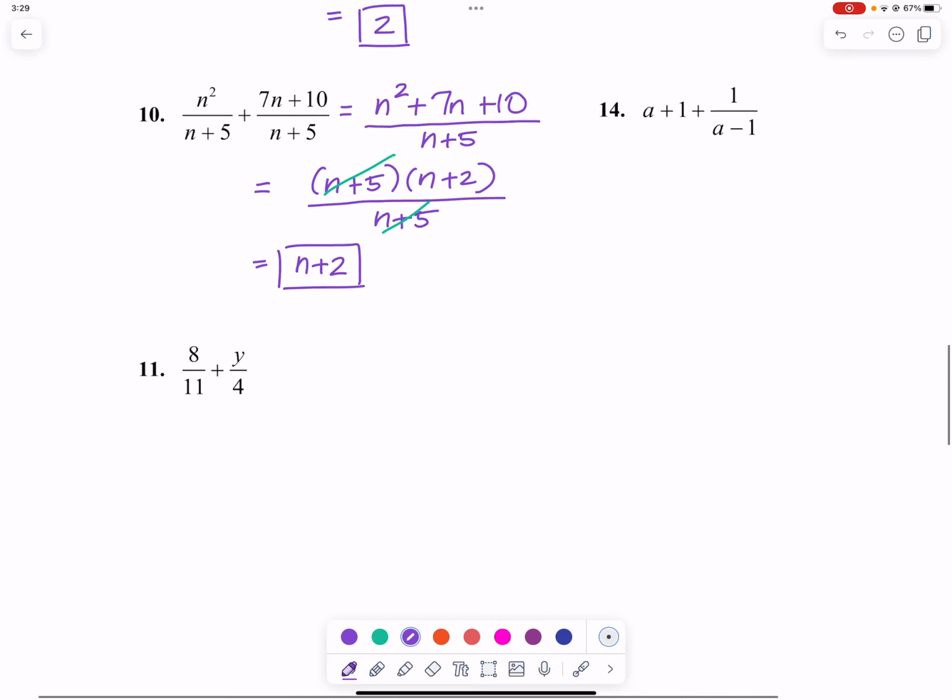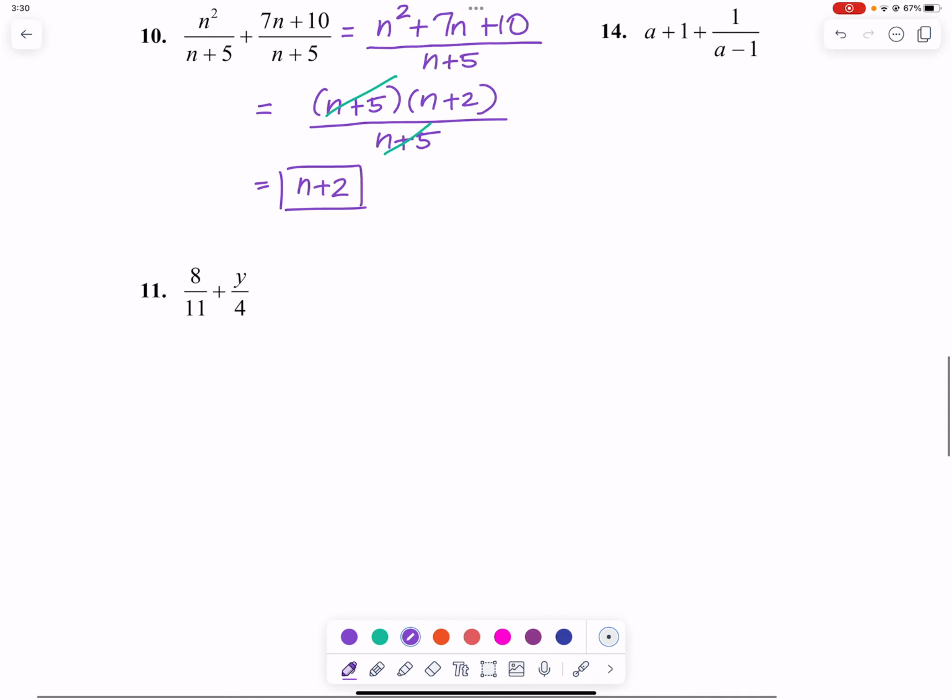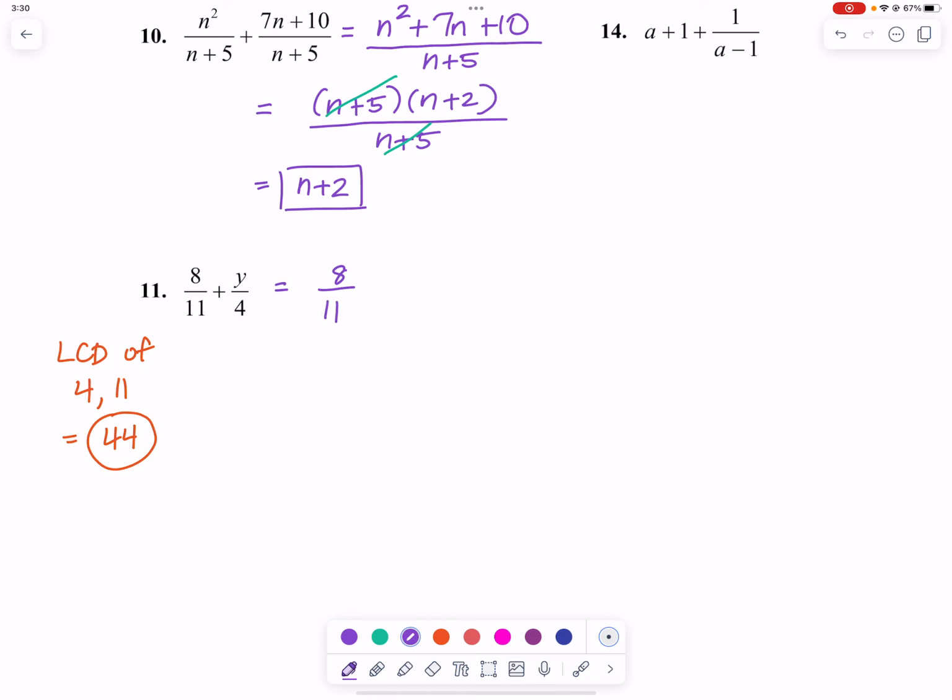Moving on to number 11, as you can see, we do not have common denominators, and the LCD of 4 and 11 is 44. So we want our denominators to each be 44.